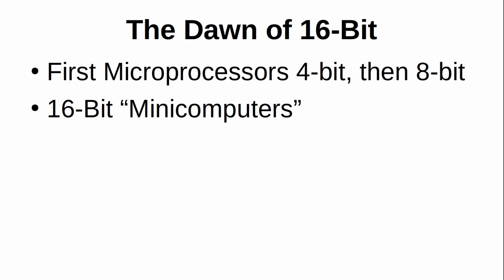But then what we saw around the same time was, all right, that's fine if you have a microprocessor. Those are for embedded applications or little toy computers like the Apple I. It's not like a real computer anybody's doing anything important with.